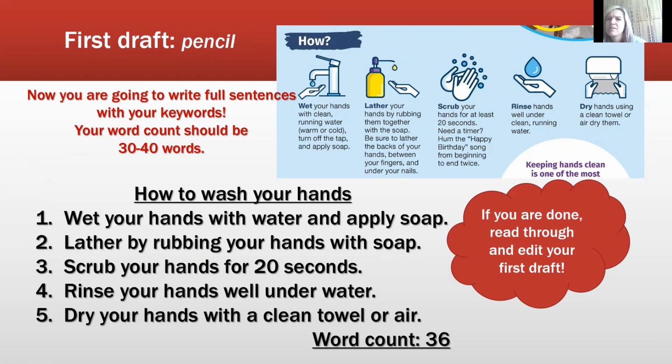If your sentence doesn't sound right because you didn't write the words in the correct order, then you can just erase it, or you can draw a line through it and write over it. I like it if you do your editing with a green pencil, so I can see that you made the effort to do corrections. But remember, it's still with a pencil, so that you can do corrections.